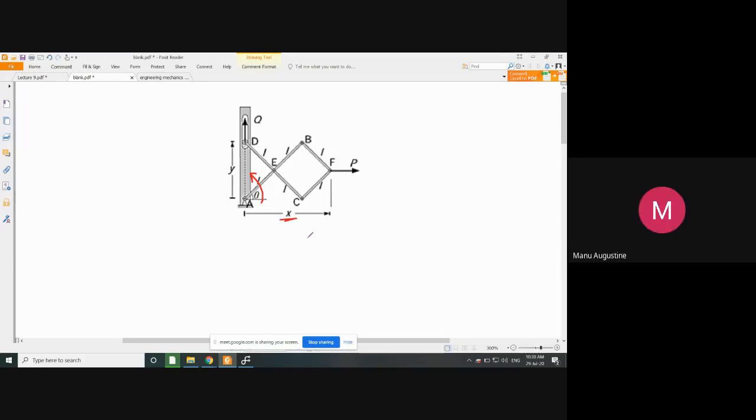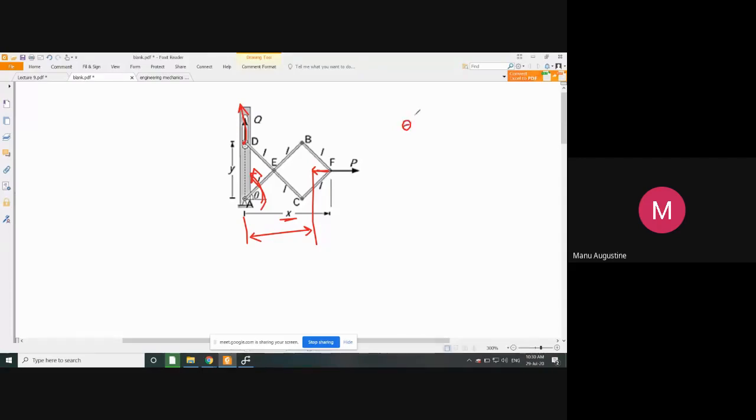So it will decrease, because this point will have to move backwards, and if this point moves backwards, the x distance will become shorter. But at the same time this point is going to climb upwards. So that means if I increase theta, the value of y will increase. So this is the relationship between theta and x and y.